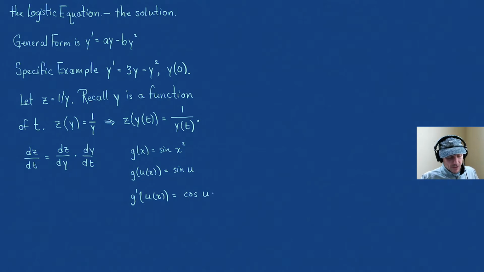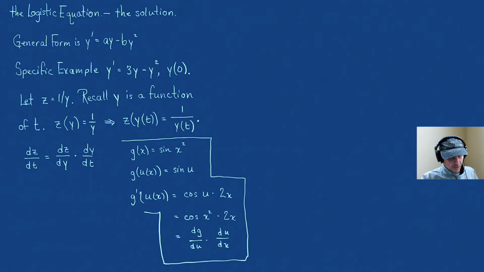The derivative of u, x squared, is 2x. So our final answer was the cosine of x squared times 2x. In other words, this is the derivative of g with respect to u times the derivative of u with respect to x. That's something you've seen before that might be a more comfortable way of looking at how we are applying the chain rule here to z equals 1 over y.